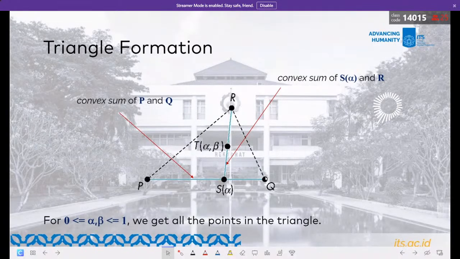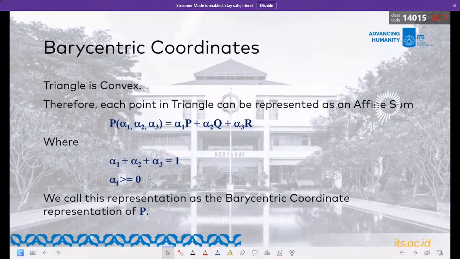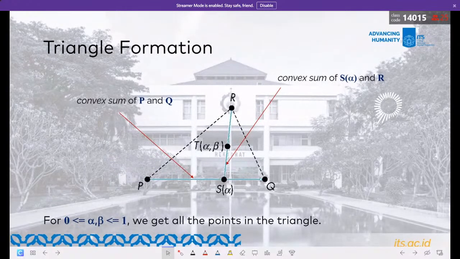Jadi antara P sama Q diberesin. Jadi alfanya itu harus antara 0 sampai 1. Kita harus punya definisi ini dulu, garis yang infinite di bawah. Terus kemudian dapatkan segmen yang ini dengan alfanya 0 sampai 1 untuk vektor yang dibentuk oleh Q minus P. Oke, kita dapatkan semua titik-titik yang sini.